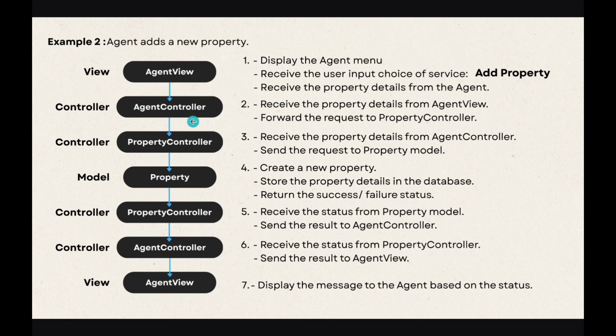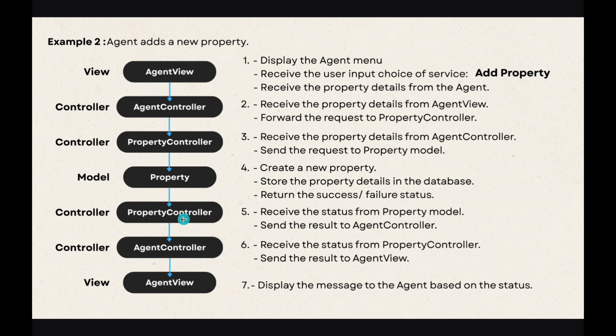So the agent controller receives the property details from the agent view and forwards the request to the property controller. The property controller receives the property details from the agent controller and sends the request to the property module. The property module creates a new property, stores the property details in the database, and returns the success or failure status to the property controller.